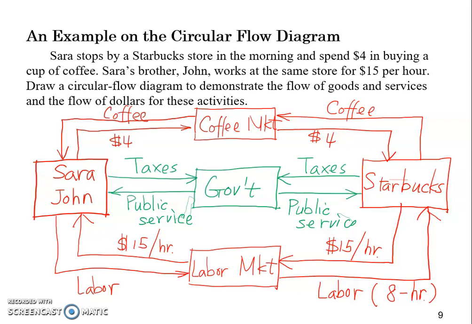So we can add things to this diagram to make it more realistic. Another way to extend this is to add the financial markets here. The financial markets would interact with households, firms, and the government. So this is an example of the circular flow diagram.